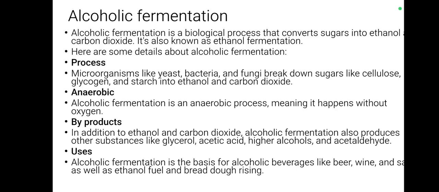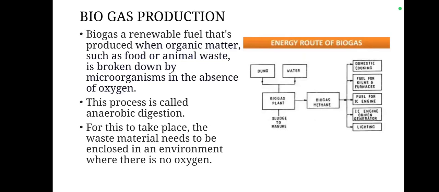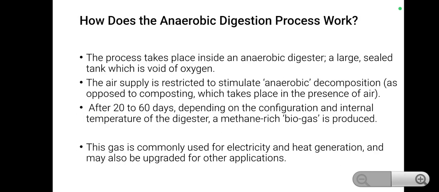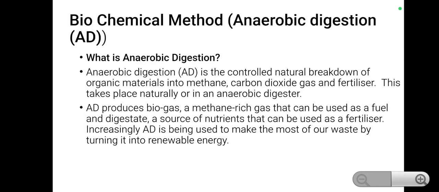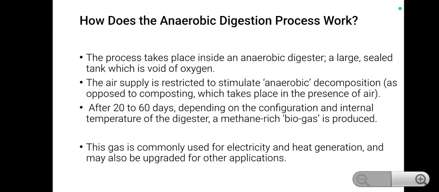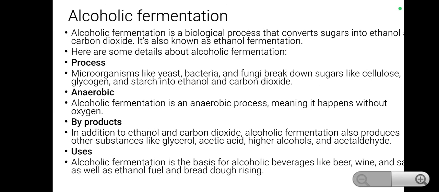Coming to the next biochemical method, alcoholic fermentation. What is alcoholic fermentation? Alcoholic fermentation is a biological process that converts sugars into ethanol and carbon dioxide. It is also known as ethanol fermentation.